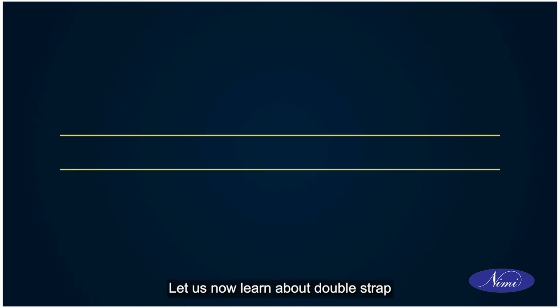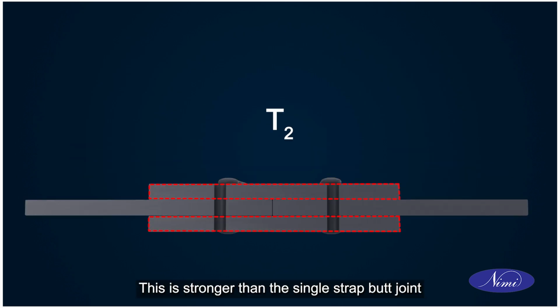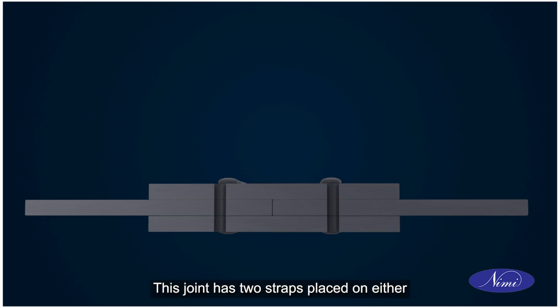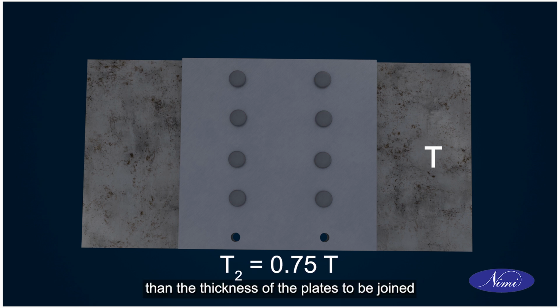Let us now learn about double strap single riveted butt joint. This is stronger than the single strap butt joint. This joint has two straps placed on either side of the components to be assembled. The thickness of the strap T2 is 0.75 times greater than the thickness of the plates to be joined.